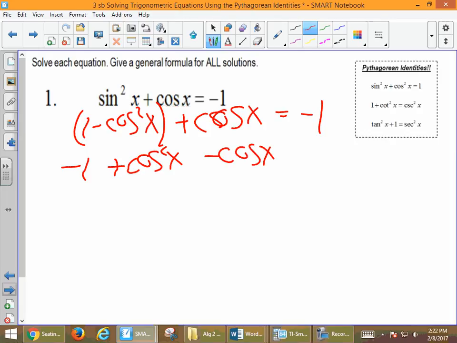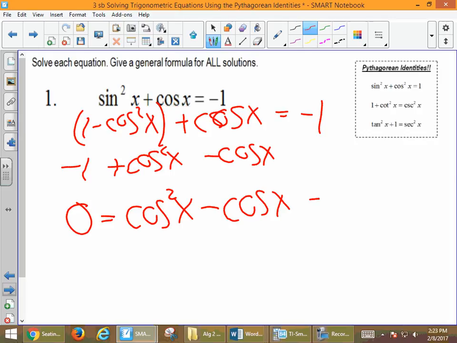It may seem like a lot of work, but I'm just getting all my terms to the other side. And so we'll have 0 equals cosine squared of x, minus cosine of x, and then negative 1 minus 1, so minus 2.